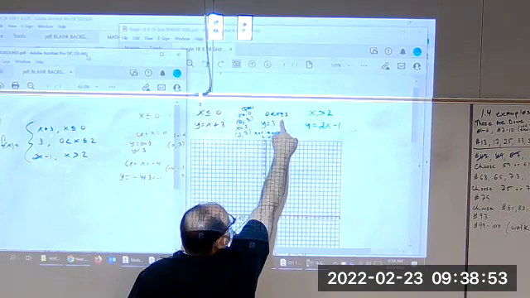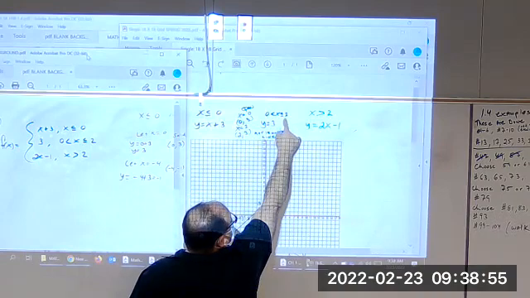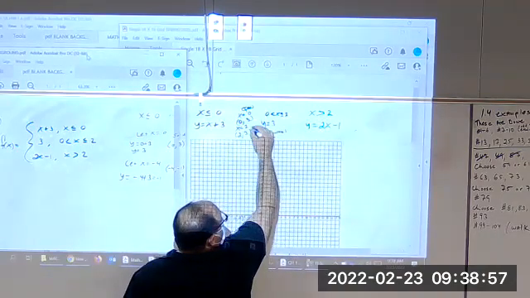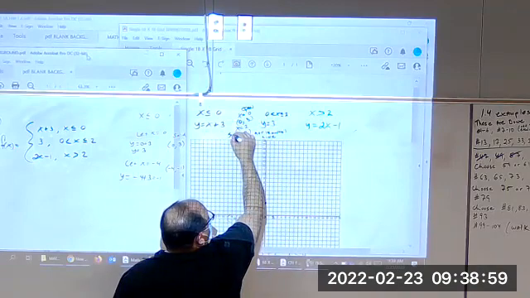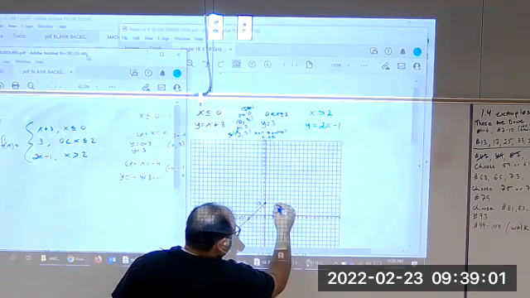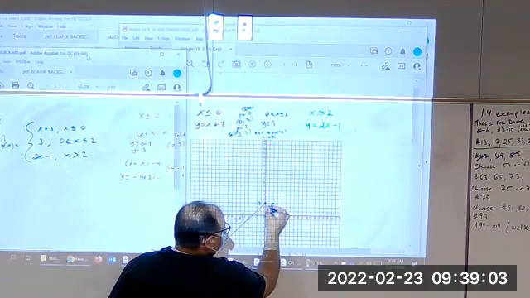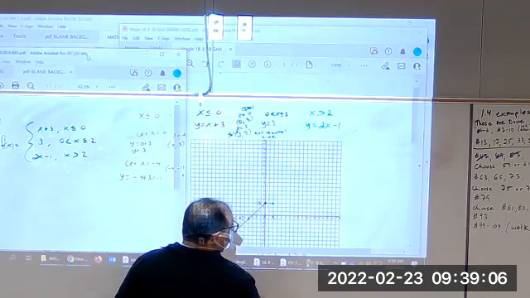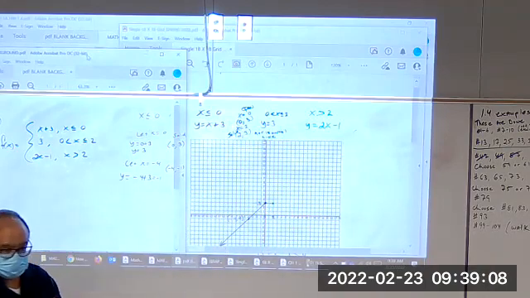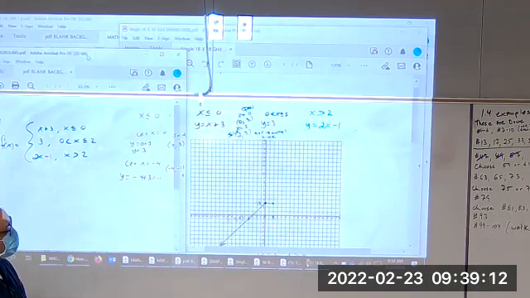That's who has the equals. 2 has the equals for the middle house. So that's going to be a solid point right there. And that would be a horizontal line in between. So that's the middle house, and then the house on the right.